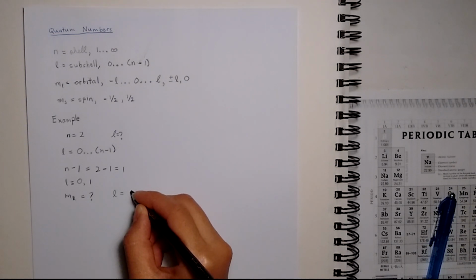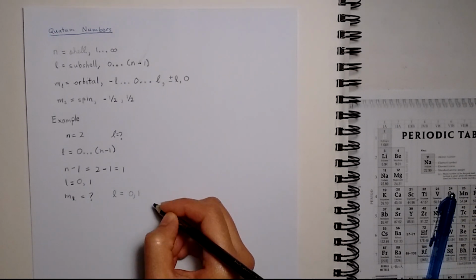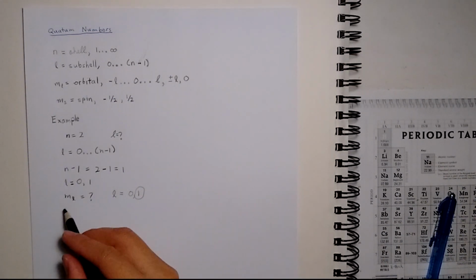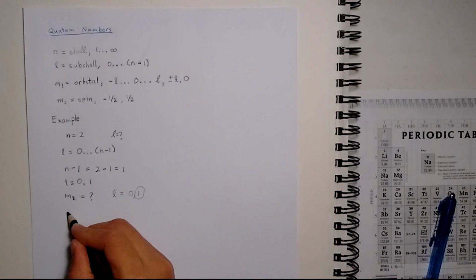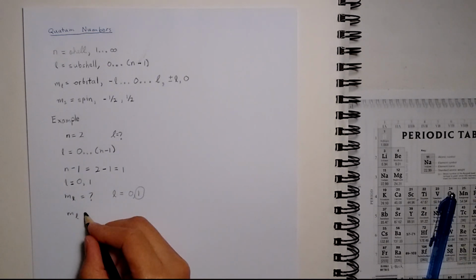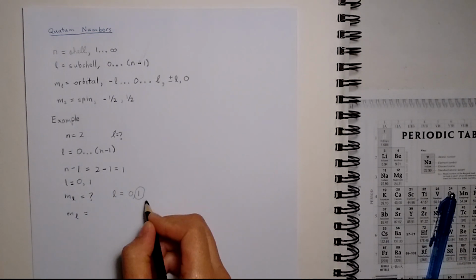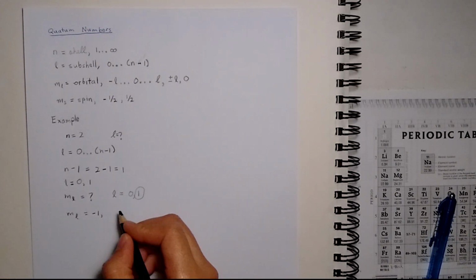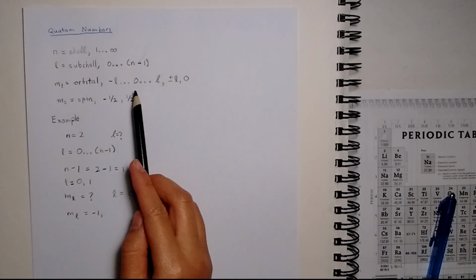Now back to our example of finding m sub L values when n equals 2. We just found L, and L was 0 and 1. So when we pay attention to the negative and positive forms of L, we know that we have to look at 1.